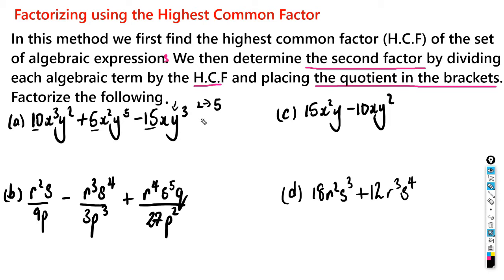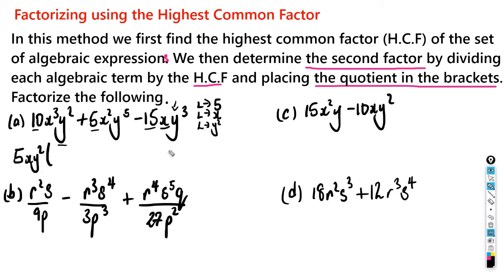For the x variable, x is the lowest one, so we put x. For the next one, the lowest is y squared. So we know that the answer is going to be 5xy squared.